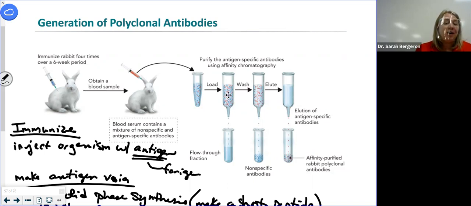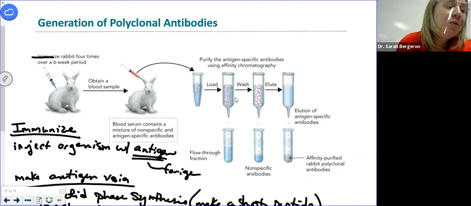I can have beads that I know will interact with a target. What's my target? If my antibodies should target my antigen, what should be attached to the resin in this column chromatography? My antigen, exactly the same thing that I immunized with.